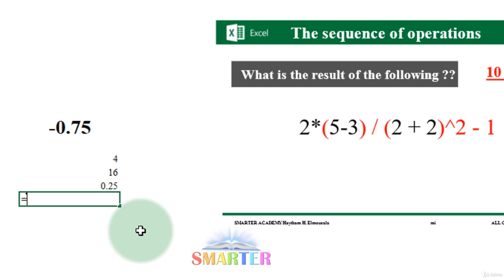After that, we will subtract 0.25 from the 1 and the result will be minus 0.75. That's right. This execution is right.